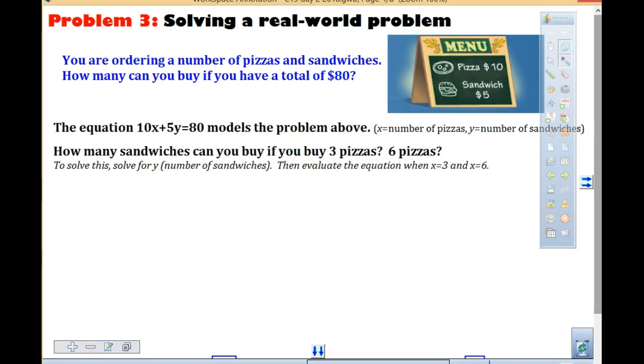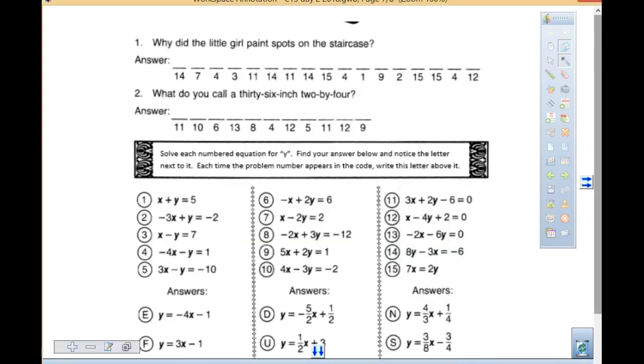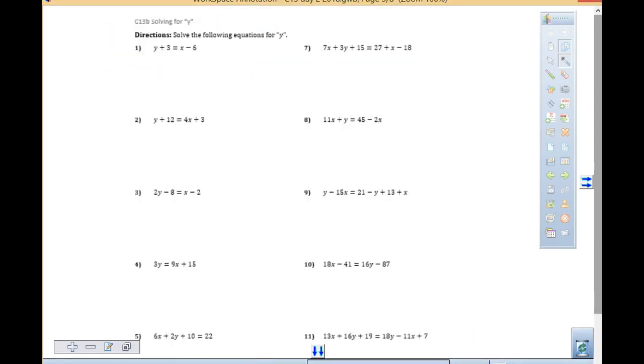Notice it says on the board that you're doing 13b, and then you'll see 13c, right? 13c is bonus, if you decide you want to work on that. But my hint would be this: after you finish 13b, you could actually start working on C16, the review, because you have to have that done to take the test.